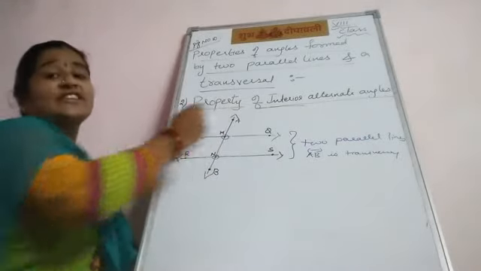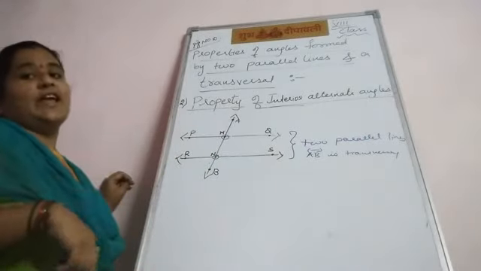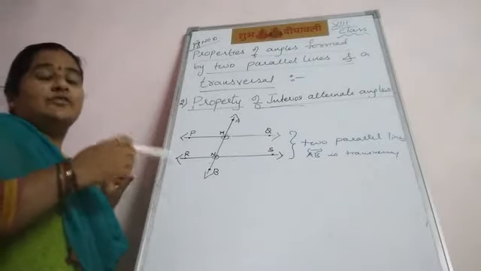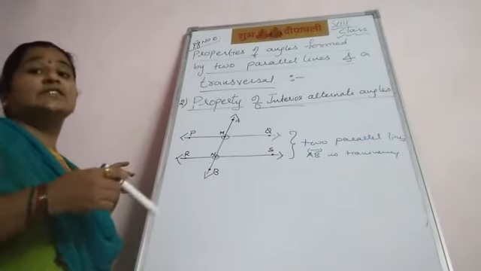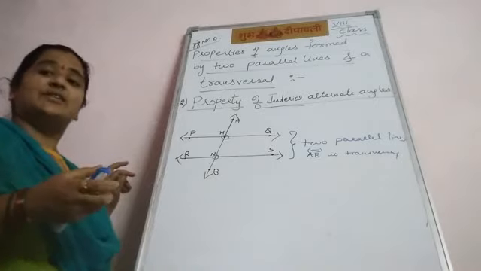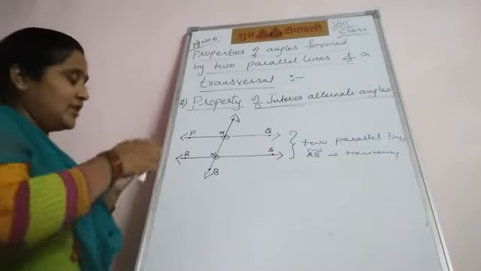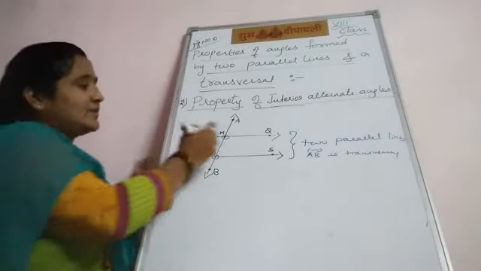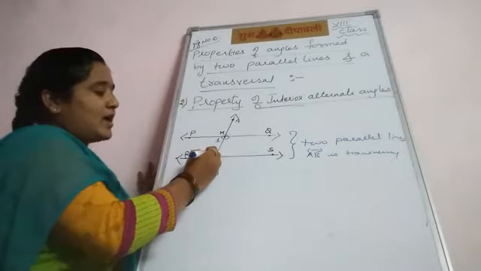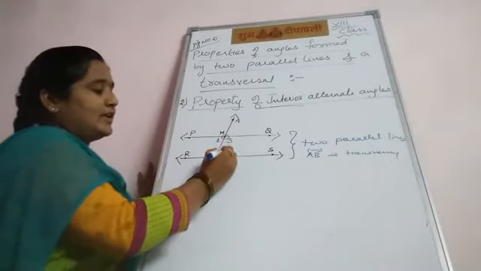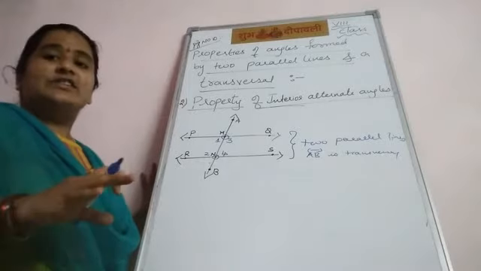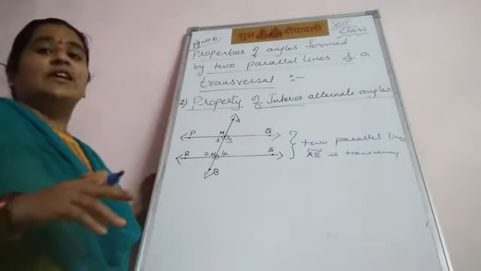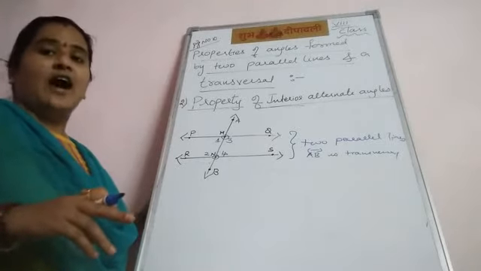And here alternate means what? Opposite angles. Here we will write two pairs of the interior alternate angles which are congruent to each other. Here I use numerals. Angle 1, angle 2, angle 3, angle 4. These are the four interior angles which lie between the two lines, line PQ and line RS.